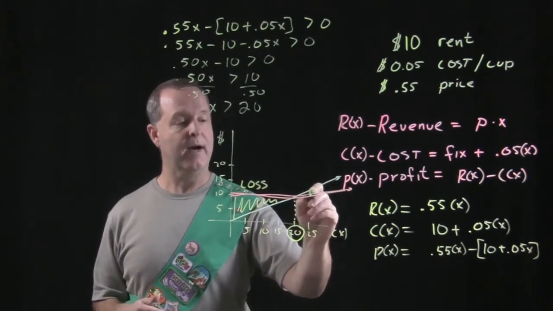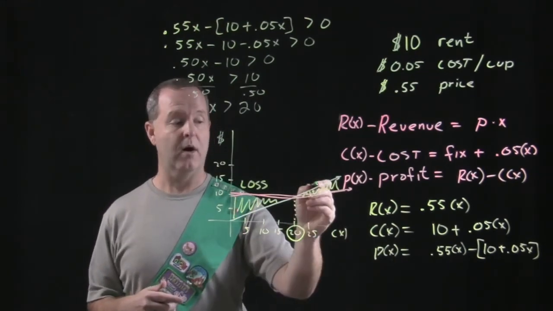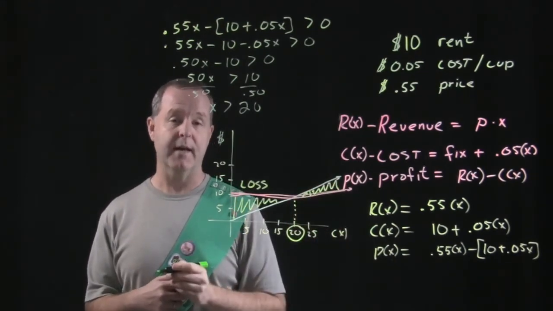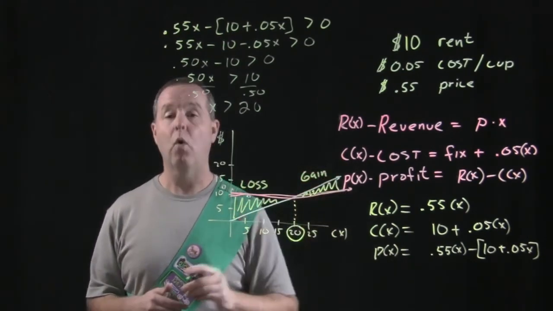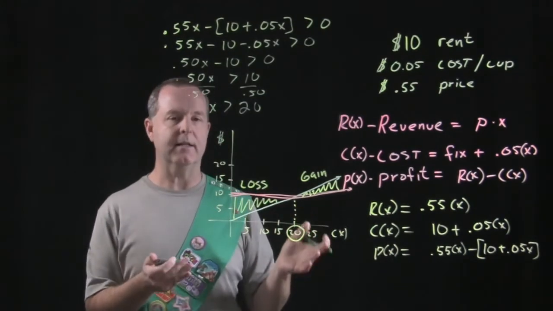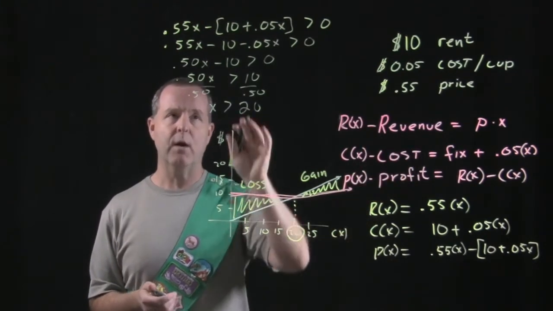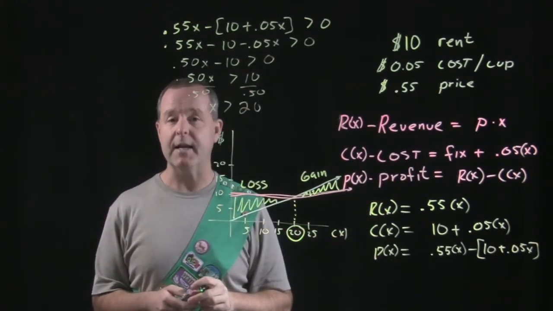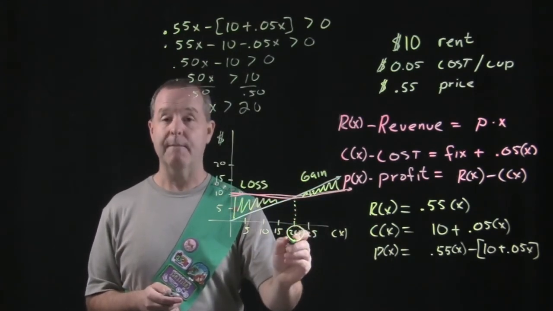This space in between the graph after the break point represents where our revenue is greater than our cost, which means a gain or a profit. So I hope that's helpful for you to understand a little bit about a simple business function, but also how we can use linear inequalities to help us find losses, gains, and breakpoints.